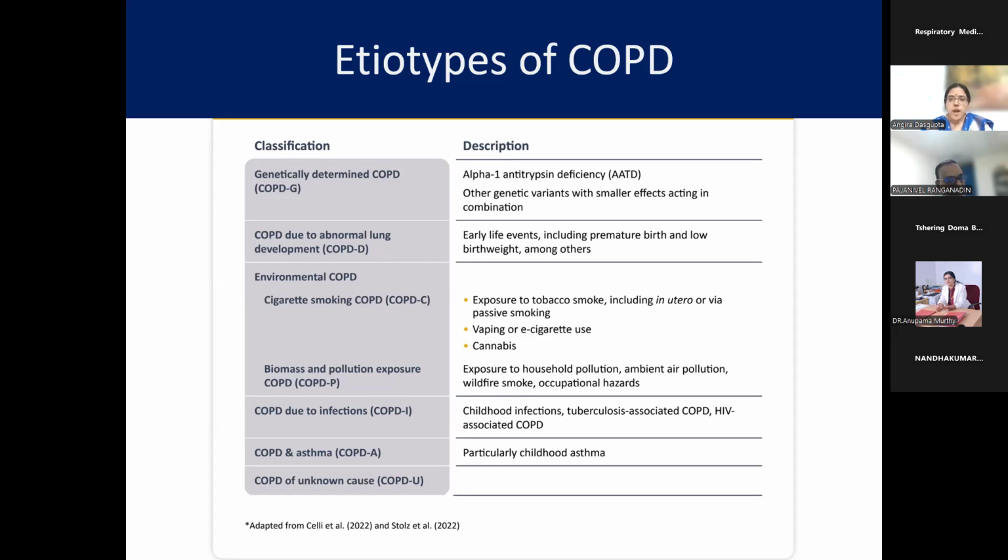I don't think our parents would ever change the names based on what we became, like Dr. Angira Das Gupta, so Angira D. But this is what we can see happening in GOLD. If it was due to tuberculosis or infections, COPD-I, COPD-T; COPD and asthma overlap, COPD-A; COPD of unknown cause, COPD-U. So I find it a little bit humorous, but it's part of the guidelines anyway.